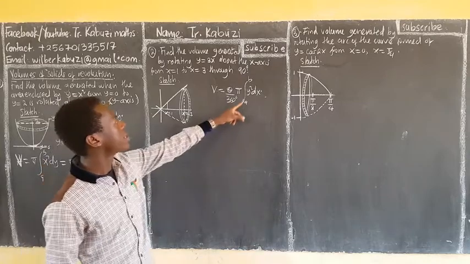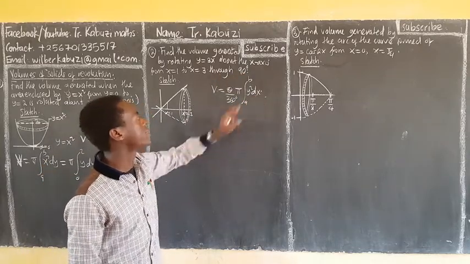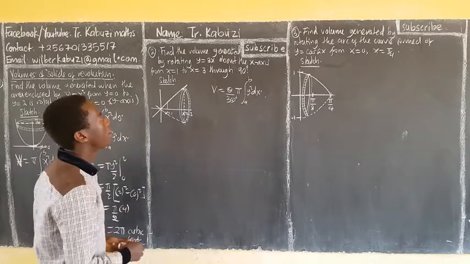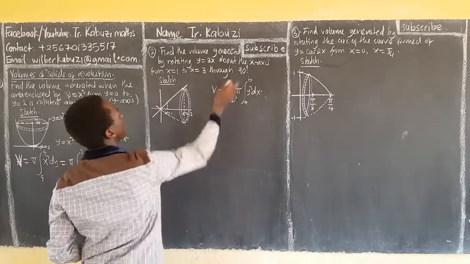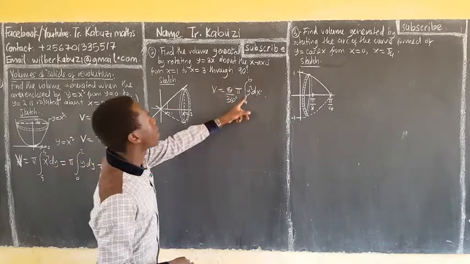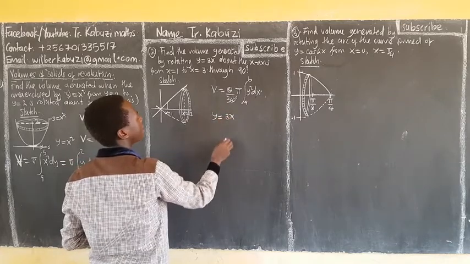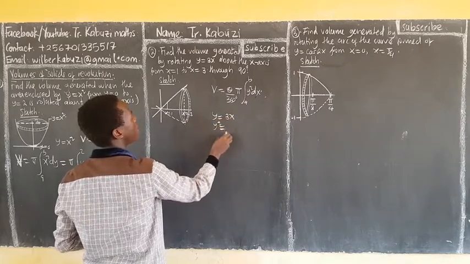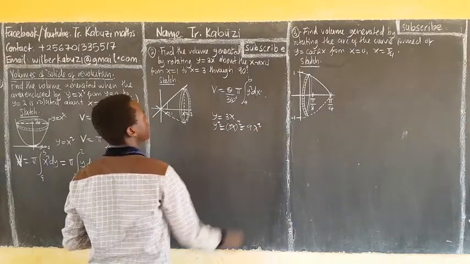Since it is about the x-axis, this one should be the x, then this would be y squared. The angle of rotation is theta. To get my y squared, from here I see my y is 3x, and my y squared will be 3x squared, which will be 9x squared.